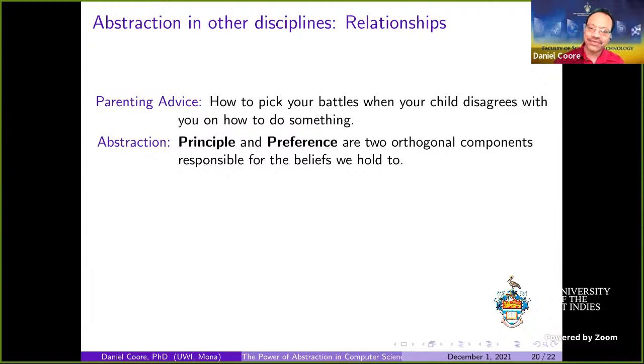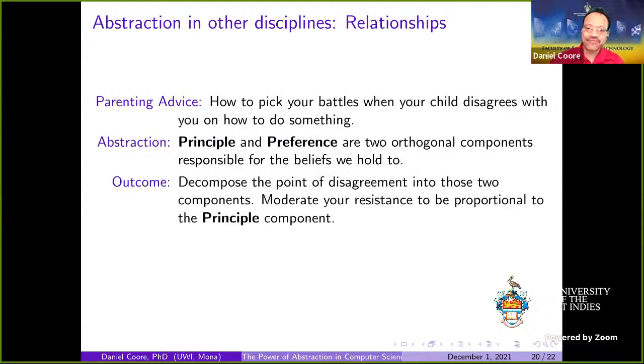And I think that this is a very useful example of an abstraction, because what we're saying here is really principle and preference are two orthogonal components responsible for the beliefs that we hold on to. And so if you now end up in a strong altercation or potential altercation with a toddler, or maybe a teenager, you could query yourself, why are you so opposed? Why is there so much tension or friction in this particular situation?